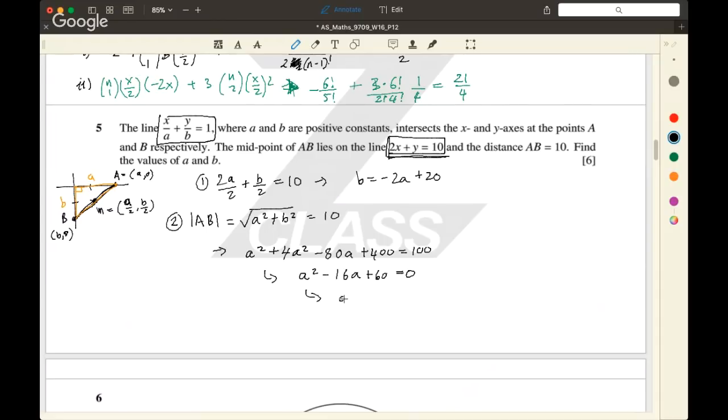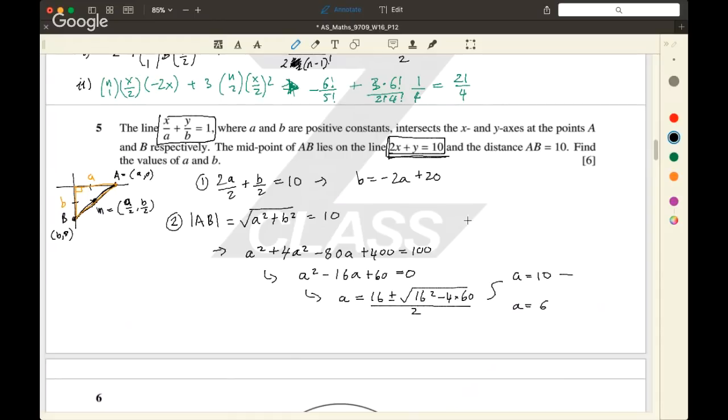If I solve this using the formula, I'll get that a is equal to 16 plus or minus square root of 16 squared minus 4 times 60, all over 2, which is either equal to 10 or 6.